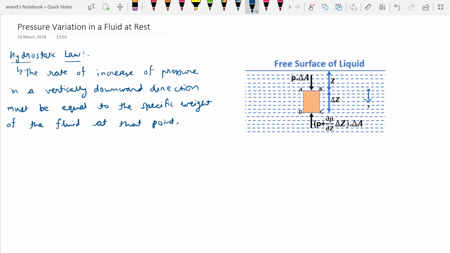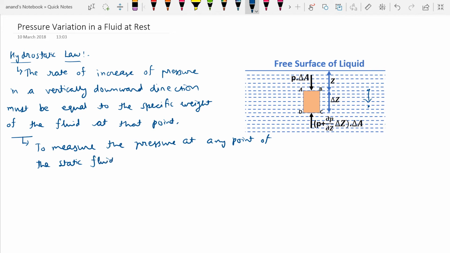And this law is applied when we have to measure the pressure at any point in the static fluid.